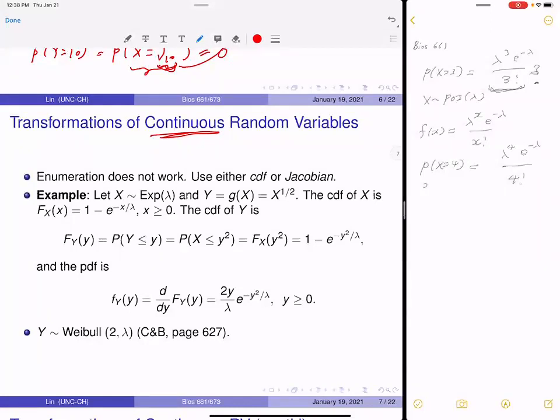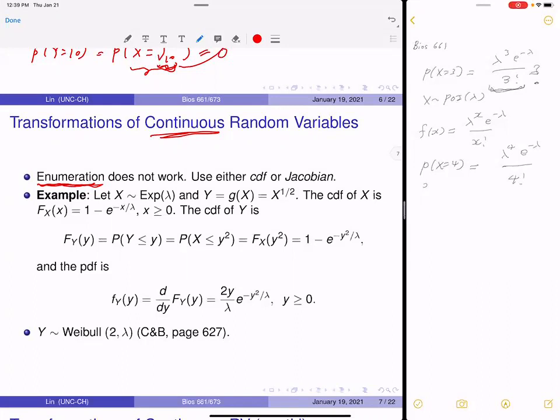Number one thing you need to pay attention to is you cannot do enumeration anymore, because a continuous variable theoretically has infinite numbers, right? It's not like a discrete random variable, where you have countable numbers, 0, 1, 2, 3. But in continuous random variables, there are infinite values in my domain. So you cannot just do enumeration.